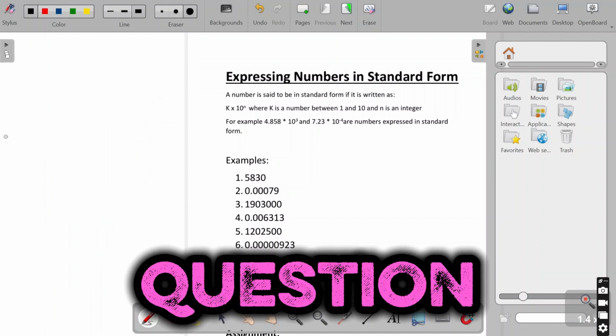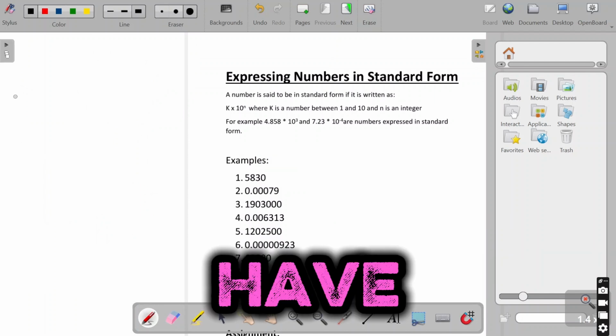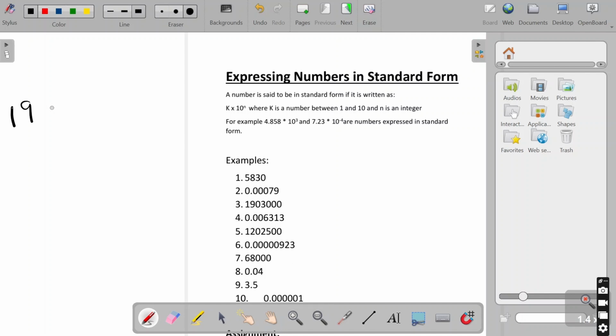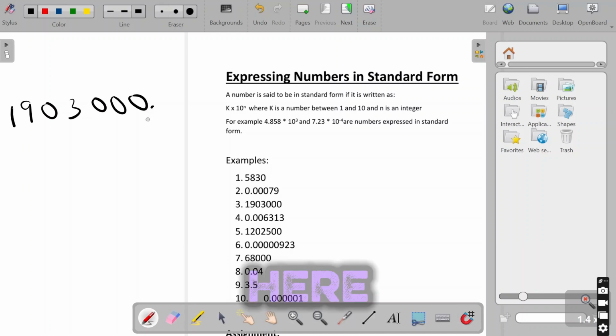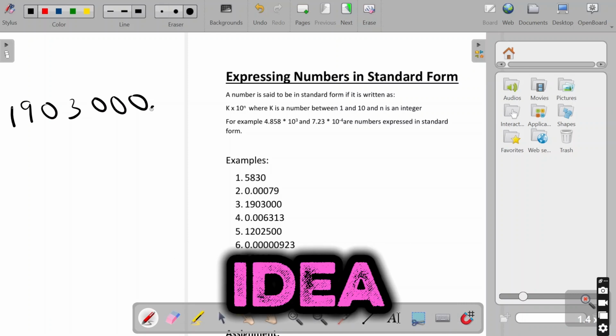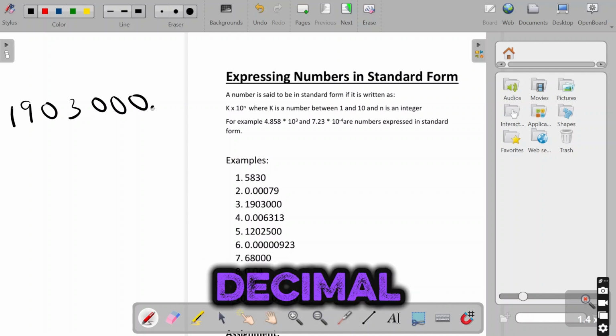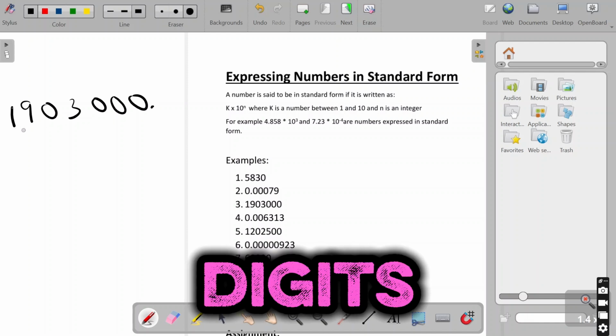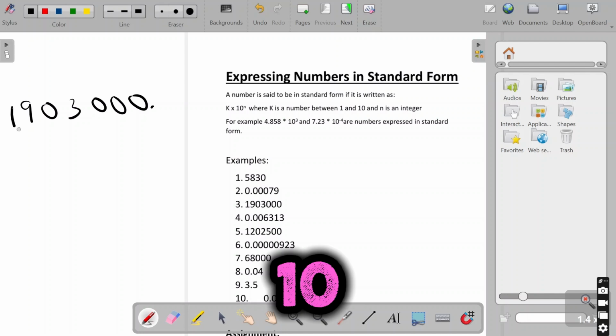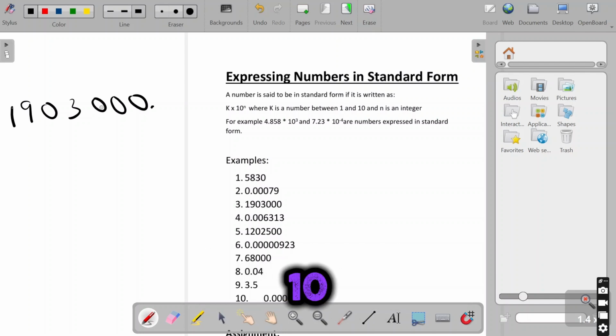We have another question here: 19031000. When you write a number like this, you just put the decimal point at the end. The idea for standard form is to move the decimal point so that the number is between 1 and 10. So we are moving this decimal point in this direction.